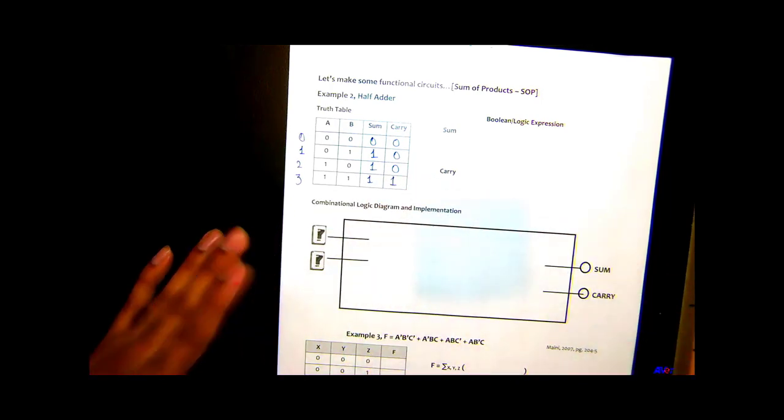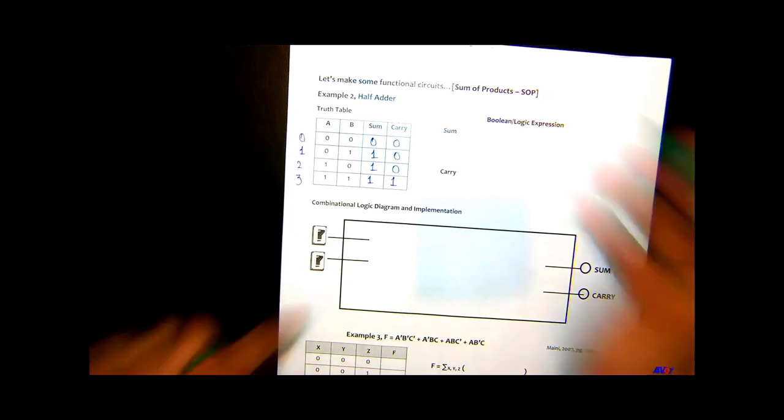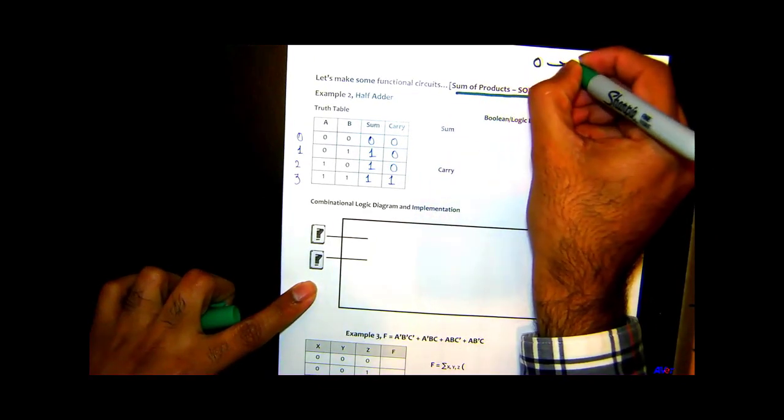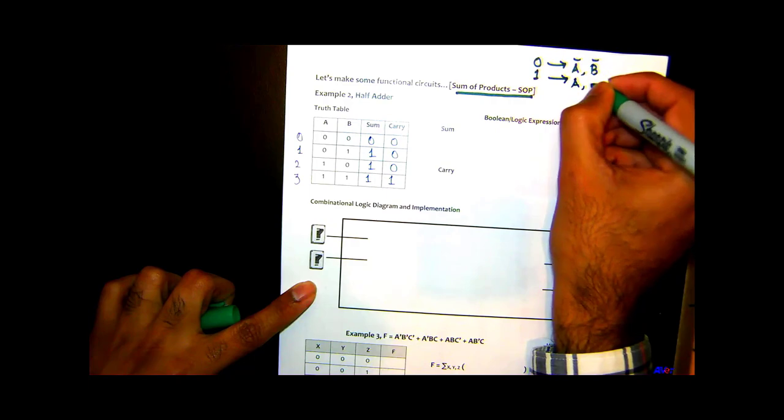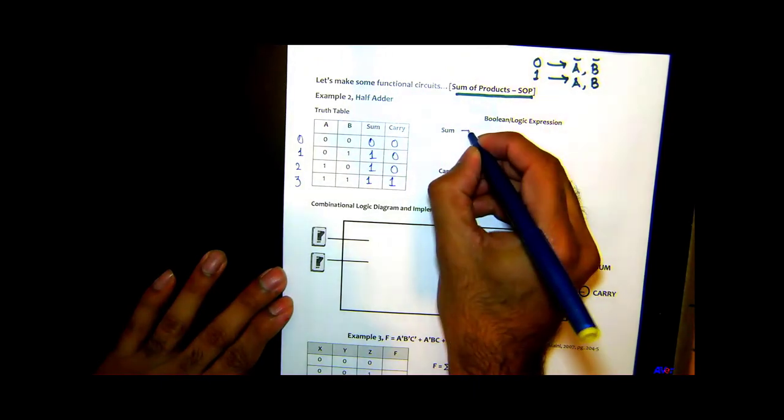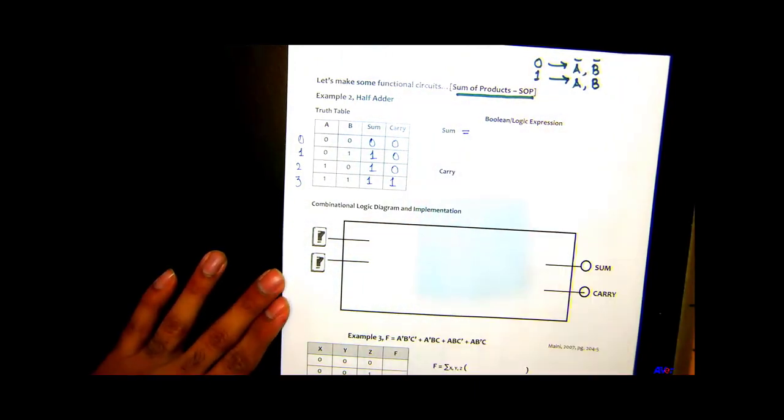We are actually going to do SOP here. So remember, 0 is going to be A bar or B bar, and 1 is going to be A or B. Correct? Okay, what is going to be the expression for sum? We look at what?